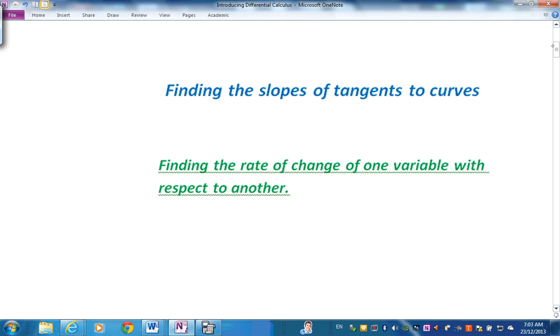I think there are two ways of describing what these guys were doing. First of all, finding the slopes of tangents to curves, and that was more Leibniz's approach. Then Newton had a more practical approach, I think: finding the rate of change of one variable with respect to the other.